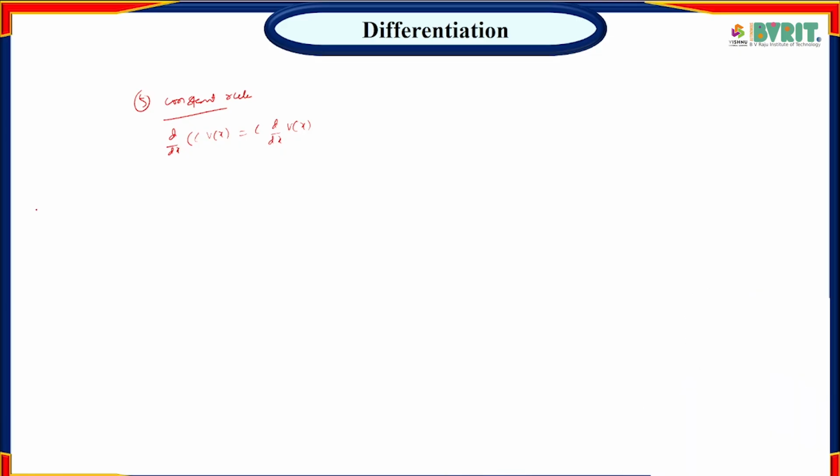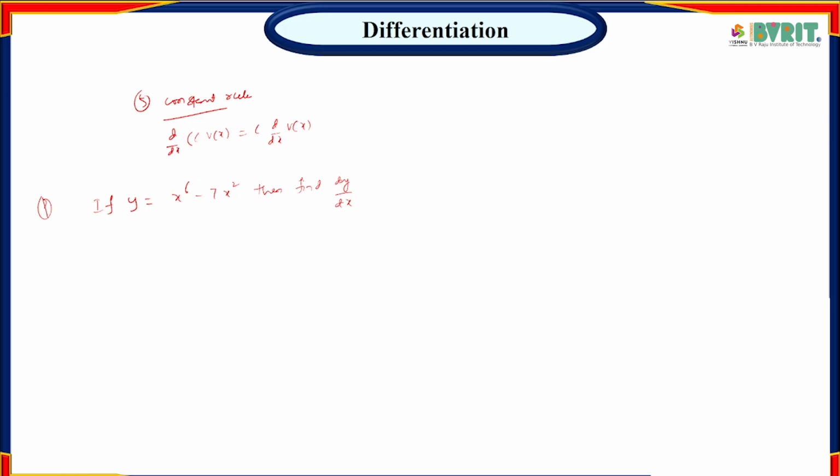Next, let us do some problems based on this. For example, the problem is like this. If y is equal to x power 6 minus 7x square, then find dy by dx.